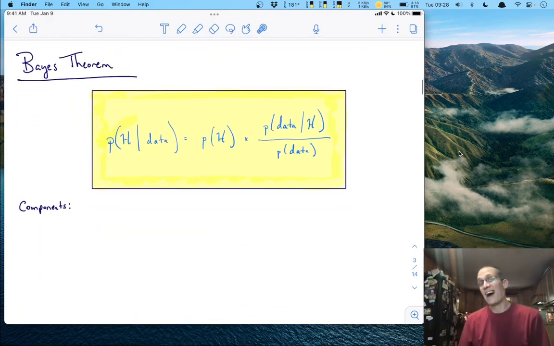Now, I could spend an entire lecture giving you a lot of the history and development of Bayes' theorem. I'll just say really quickly, it's a very old theorem. It comes from the 1700s. Reverend Thomas Bayes, theologian, amateur mathematician by all means, came up with this. It's a reasonably simple concept to prove, but it's incredibly useful in statistics.